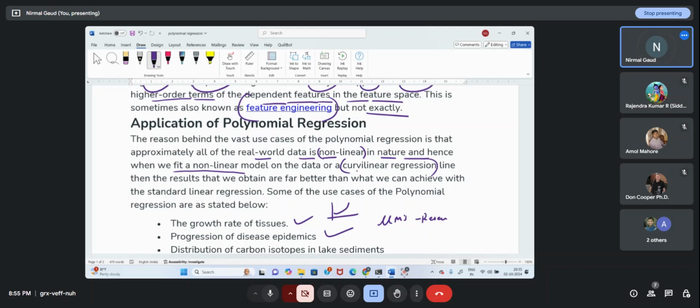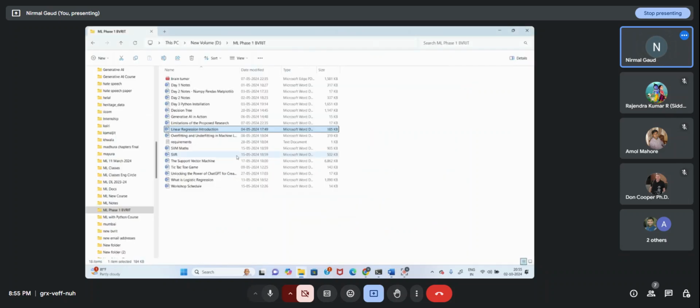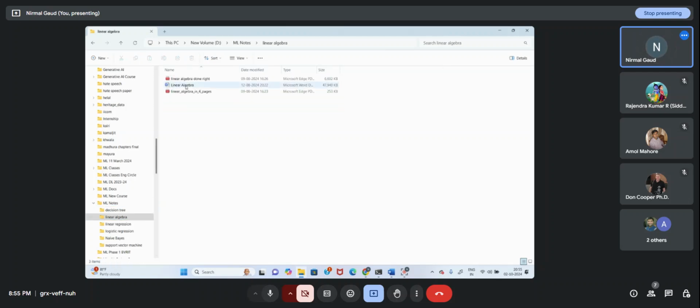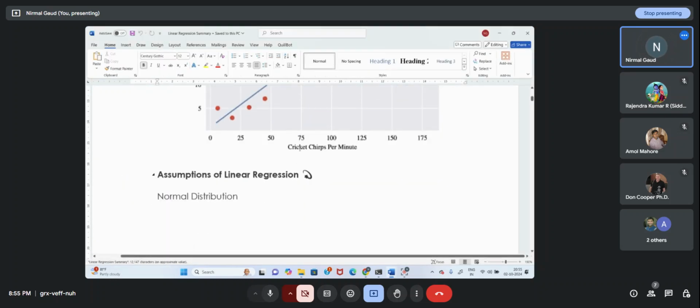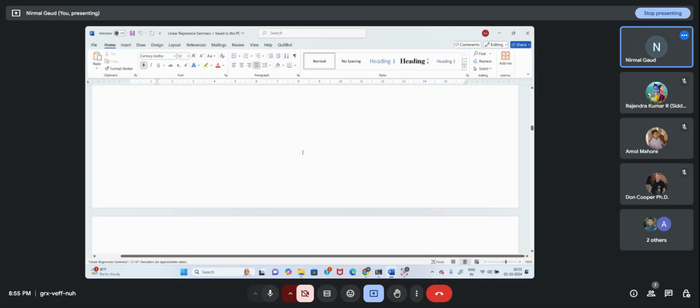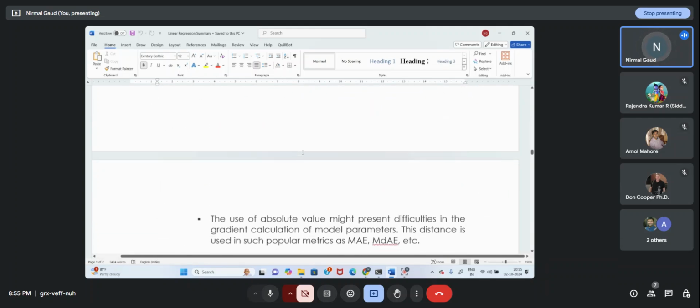Fine. Let me check some more details in my notes section. I have shared this. Linear regression, if I just check the notes, let's talk about the summary. These are all available with you. I have shared.